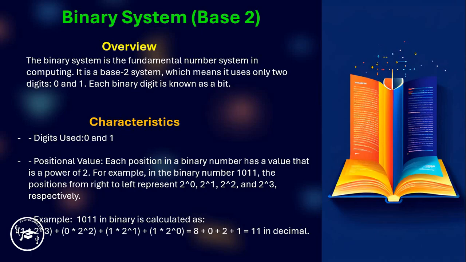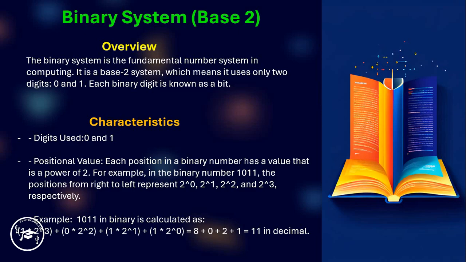In the base 2 system, we only use 2 digits, which are what? 0 and 1. Each binary digit is known as a bit. So there's a 0 bit and a 1 bit. That's it. The digits that are used are only 0 and 1.